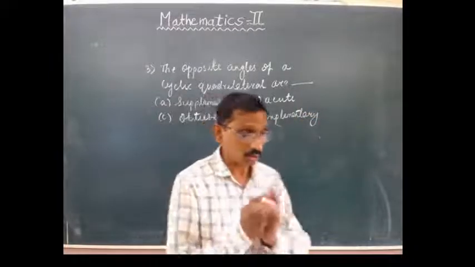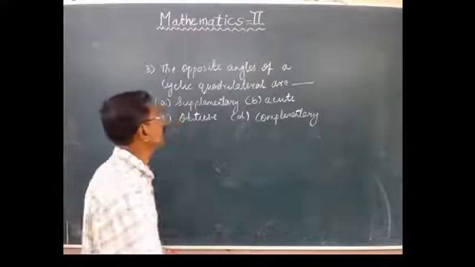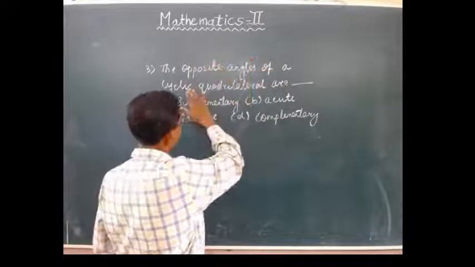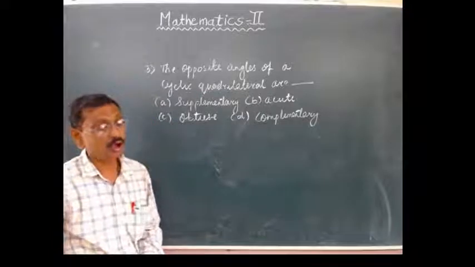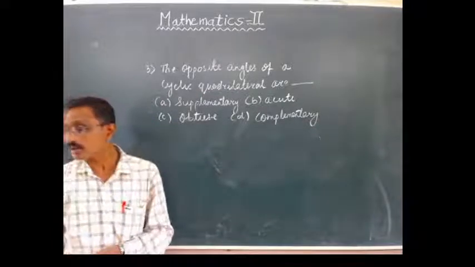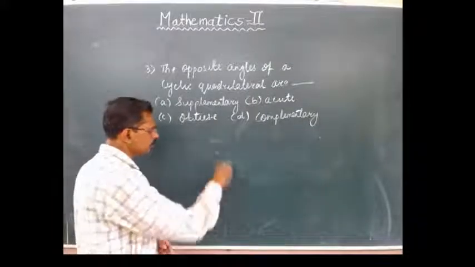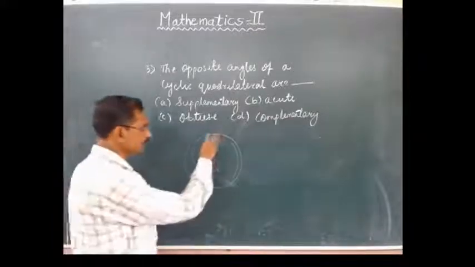Okay, read the question properly. What does the question say? That is very, very important. The opposite angles of a cyclic quadrilateral are. Now we have seen a cyclic quadrilateral, right? Now in the cyclic quadrilateral, we'll draw a cyclic quadrilateral.